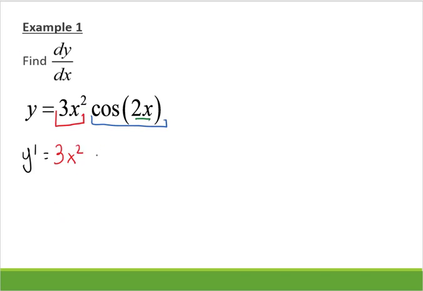Derivative of cosine is the negative sine of 2x. Now I need to take the derivative of the inside. The derivative of the inside is 2. Plus derivative of the first, which is 6x, leaving the second alone.